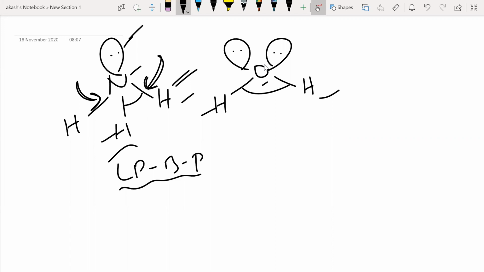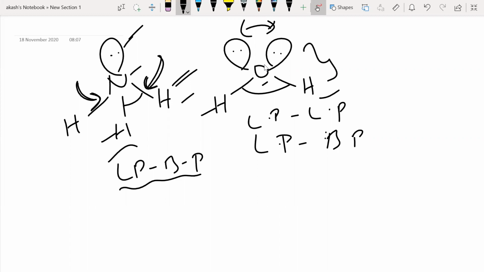Now here, you have lone pair repulsion as well as lone pair bond pair repulsion, both the things. Obviously because of lone pair repulsion, the lone pairs will move away from each other like this, in whatever directions I have put. And because of that, I'm going to increase the repulsion between the lone pair and bond pair also.